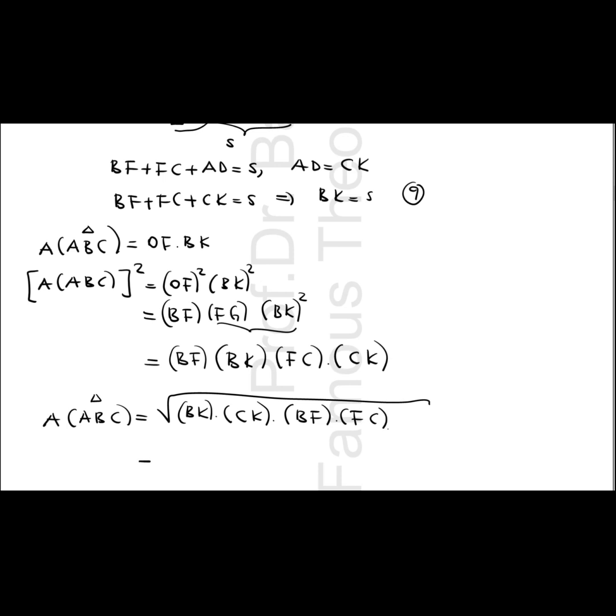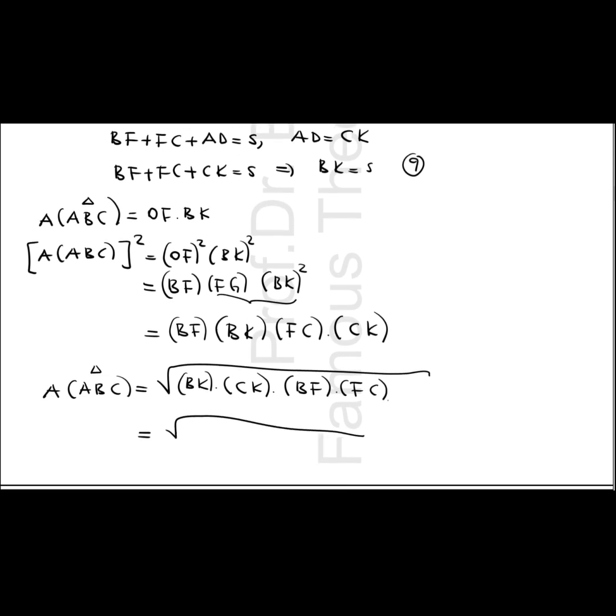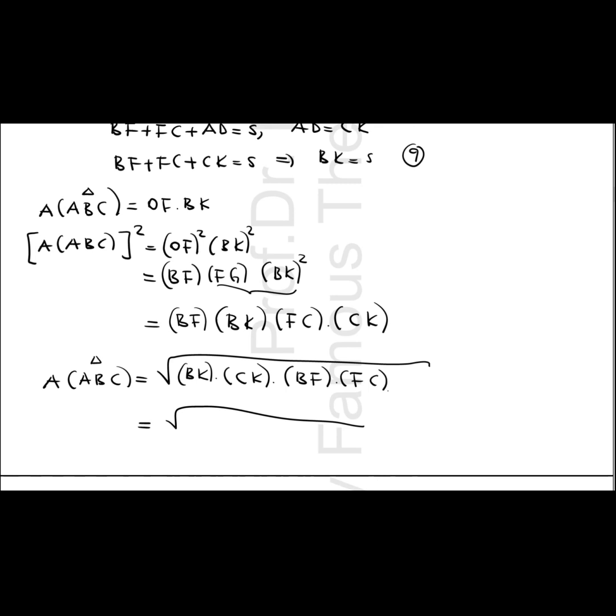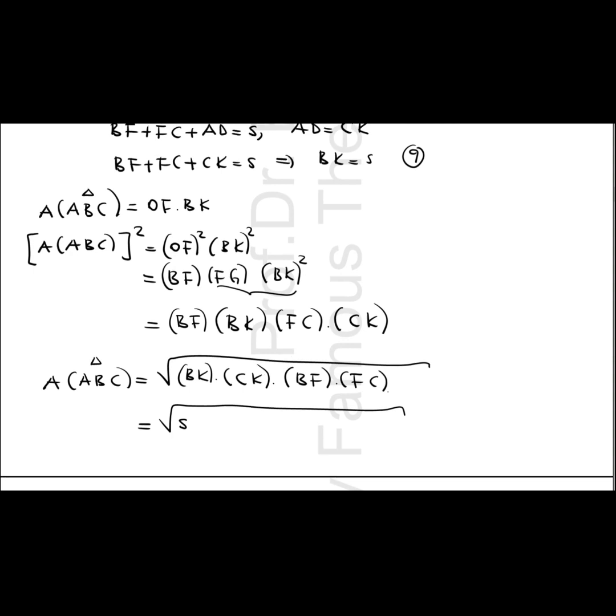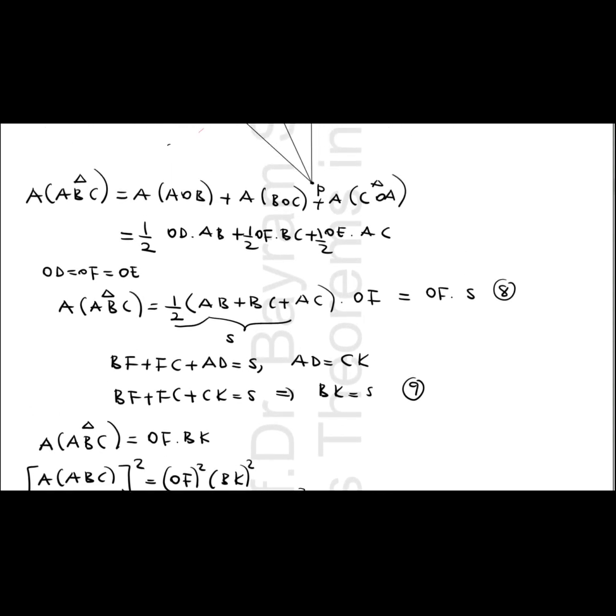Now we already know BK is the semi-perimeter. So here we have S. Now look at this CK. CK is this part, and we know CK is AD.